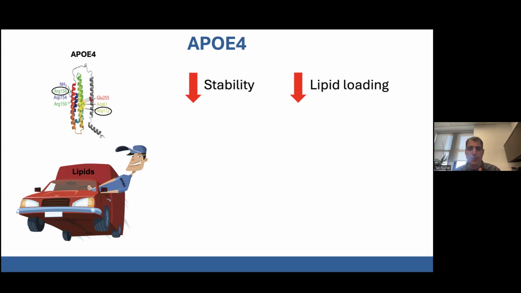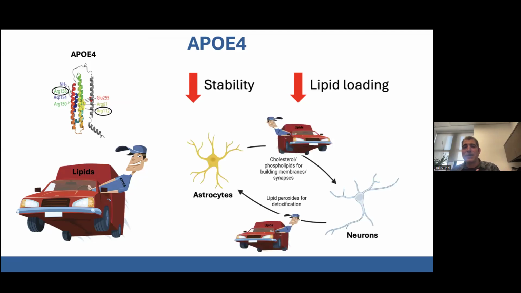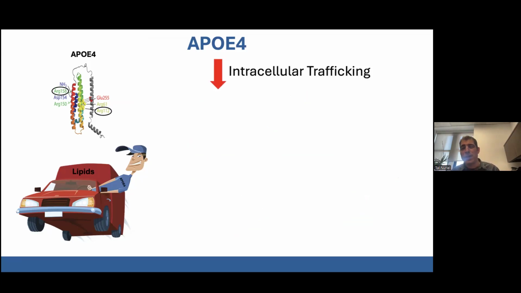So our guy here is calling into work sick a little too often and not quite packing his truck the way he's supposed to. For the most part, he's doing his job, delivering the lipids, but he's not doing it as well as ApoE3.